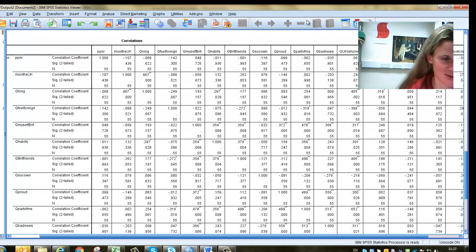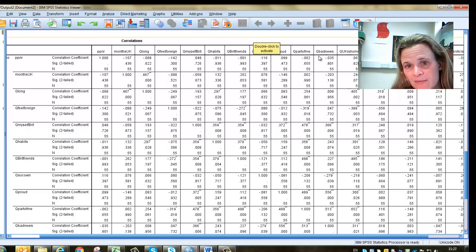That's good news. So what it shows you is, for example, people's tendency to feel like a foreigner in the UK, how that is correlated with the other variables here. So these three you can sort of ignore.